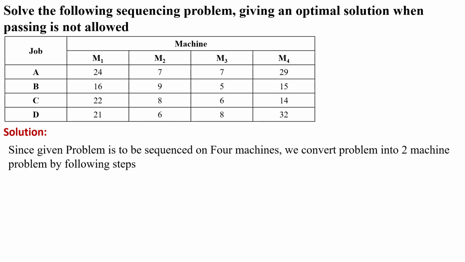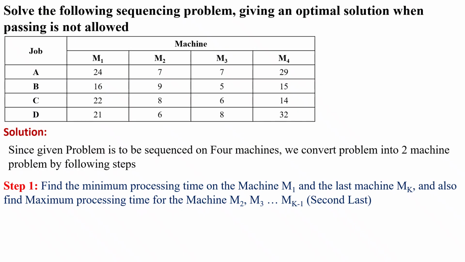Since the given problem is to be sequenced on 4 missions, we have to convert this problem into a 2 mission problem by following steps. First step is to find the minimum processing time on the mission M1 and the last mission MK, and also find the maximum processing time for the missions M2, M3 up to MK-1, which is the second last mission.